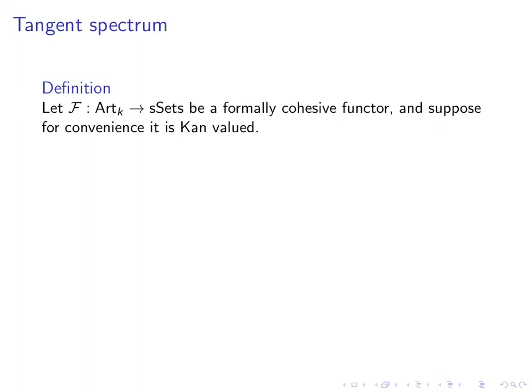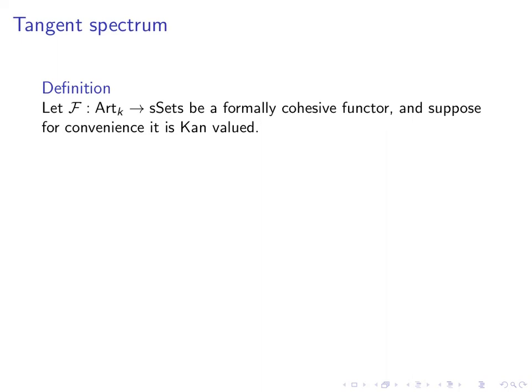Okay, so finally we can define what I'm calling the tangent spectrum. Galatius and Venkatesh call it the tangent complex, but they call two different things a tangent complex, so to distinguish them, I want to call this a tangent spectrum. So we start off with the formally cohesive functor, and suppose for some reason it's pointed-valued. If it's not, you probably have to do fiber replacement.